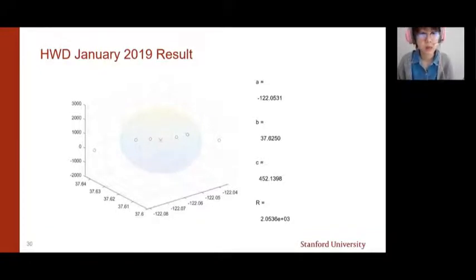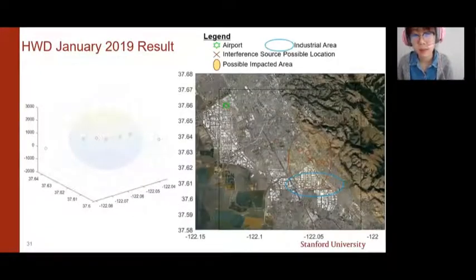Let's see how that looks on a Google Earth map. So here we plotted that result onto the Google Earth map. This is a top view. As you can see again, in the upper left corner is the location of the Hayward Airport, and the red cross is showing what the algorithm thinks is the possible location of the jammer, and the giant red circle is showing the impact area, the impact region of that jammer.